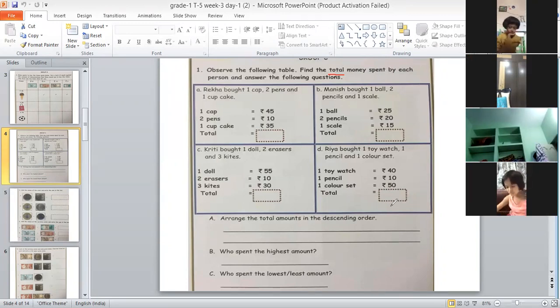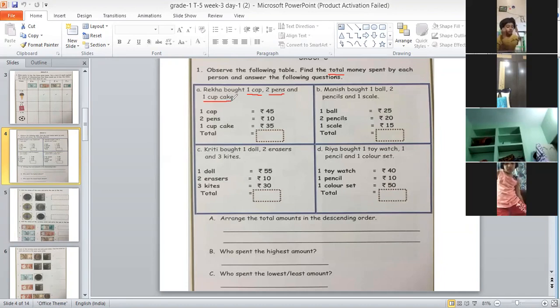Janvi, just hold on. So there's one girl Rekha, and she bought 1 cap, 2 pens. Look, keep on looking at your screen, children. She bought 1 cap, 2 pens, and 1 cupcake. Now let us see what is the cost of 1 cap, 2 pens, and 1 cupcake.